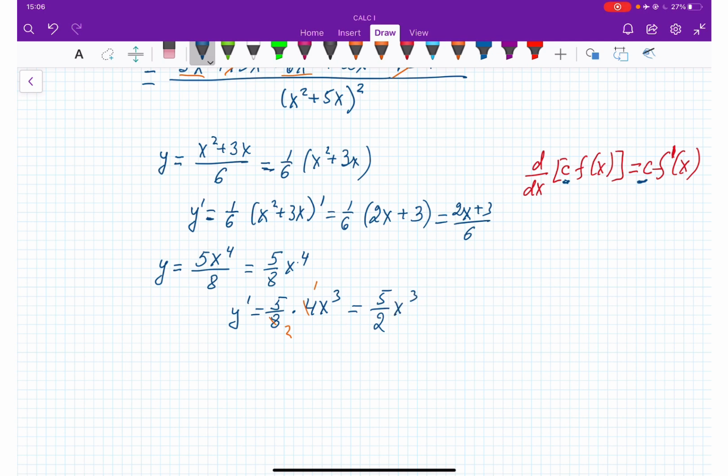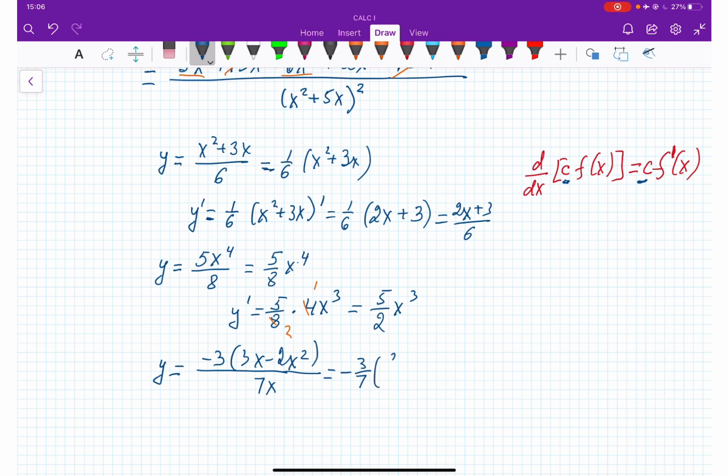Let me show two more tricks. Y is equal to negative 3 times 3x minus 2x squared over 7x this time. I'm going to represent negative 3 over 7 and divide every single term by x.